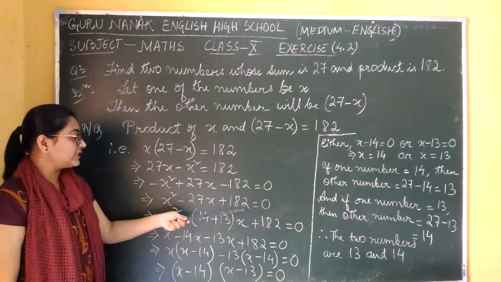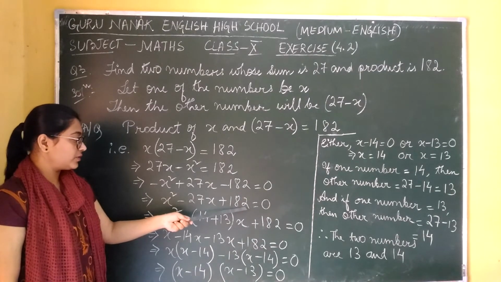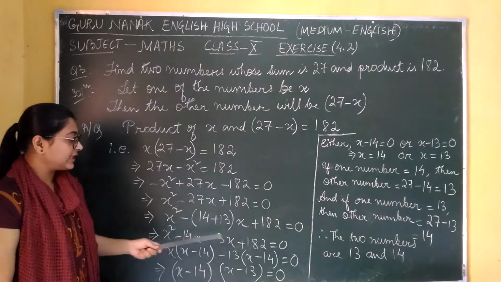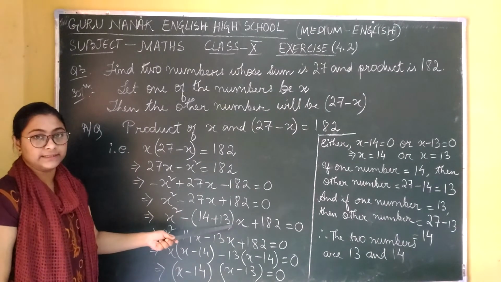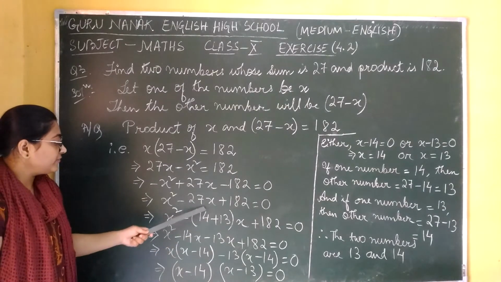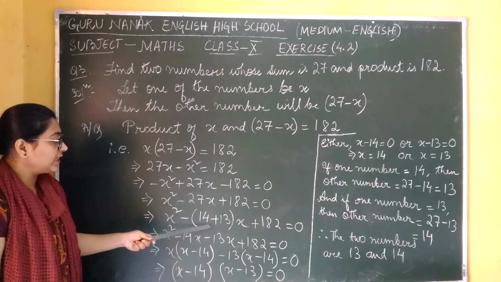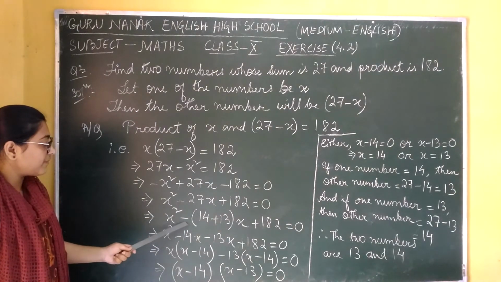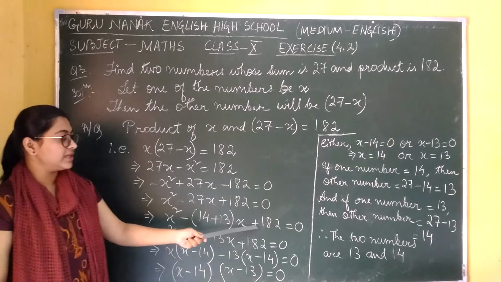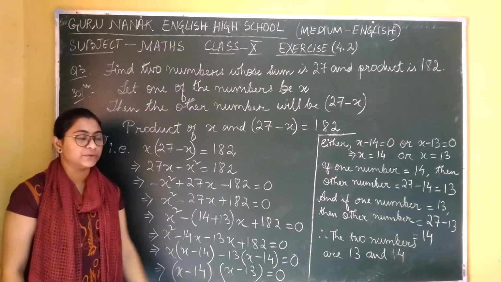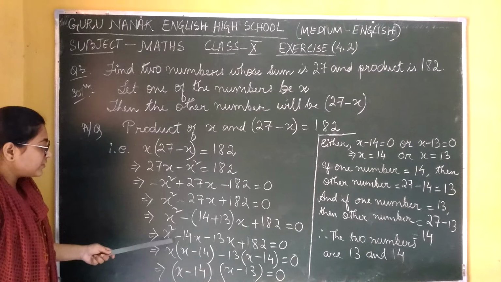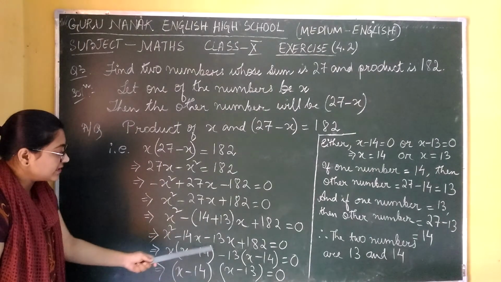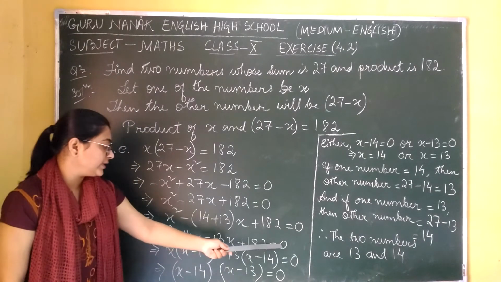Now again we have to find the factors of 182. After finding the factors of 182, we will get 14 and 13. Now 27 we can get by adding 14 and 13. So we can split up 27 as x square minus 14x minus 13x plus 182 equals 0.